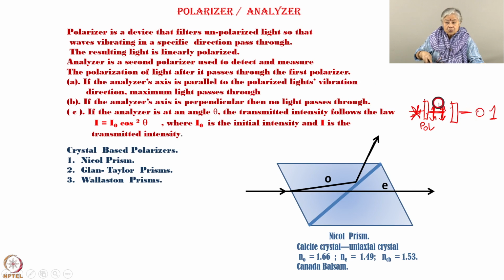Okay. So at one point these two identical polarizers, though I am calling them polarizer and analyzer, are exactly in the same position. When they are exactly in the same position, maximum light will pass through.